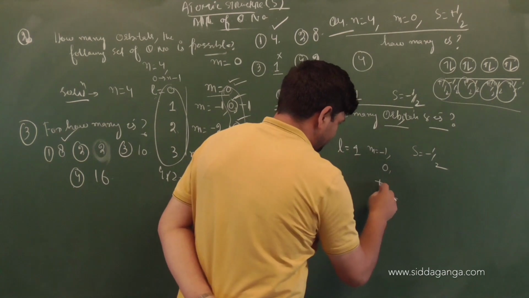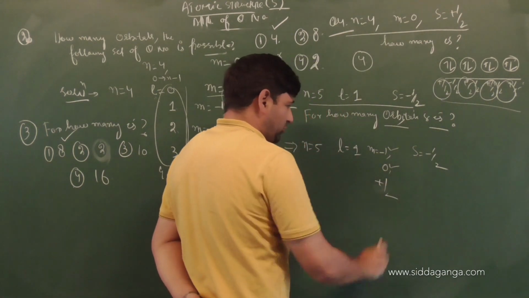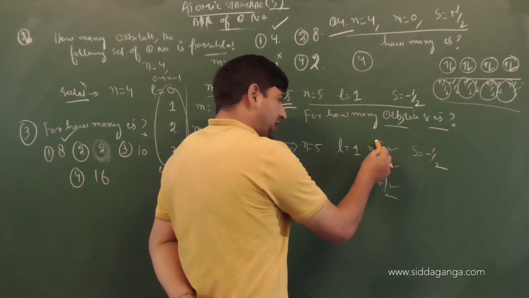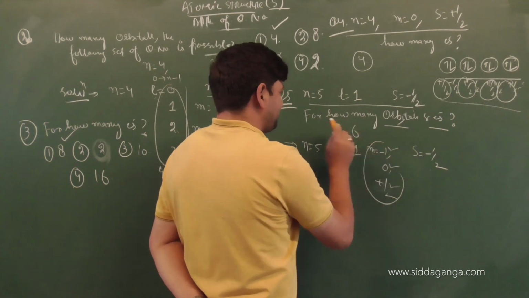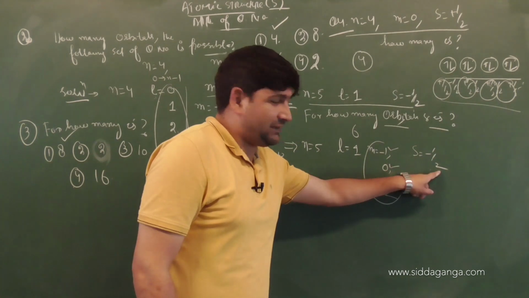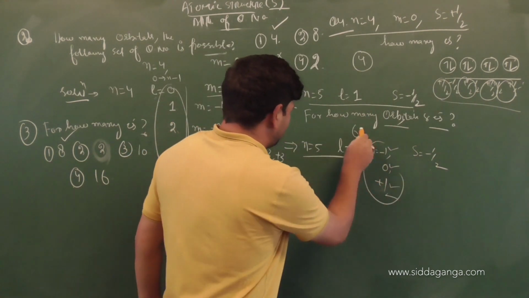This will accommodate 2 electrons, this also 2, this also 2. But our question is spin is minus half. So total number of electrons possible are 6 if both spins are allowed, out of which 3 will have plus half, 3 will have minus half. So how many orbitals? This will represent the orbitals.